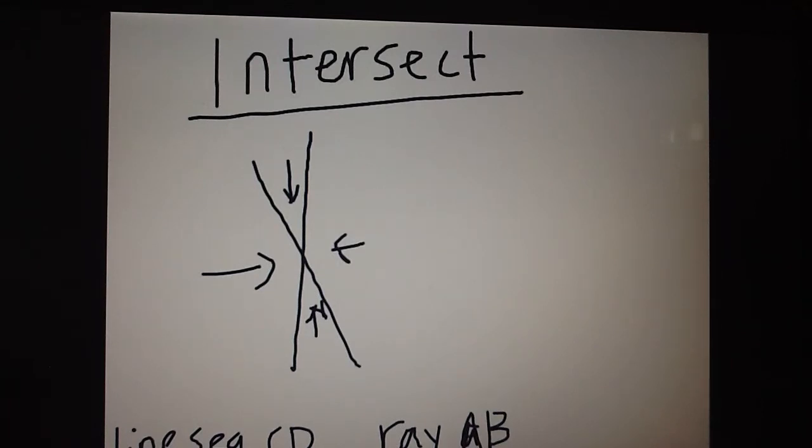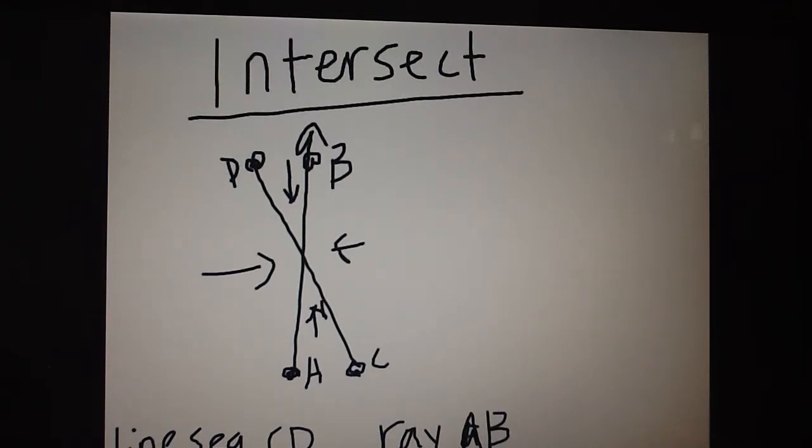So this will be our line segment, CD, and this is our ray, AB. How would we name that?